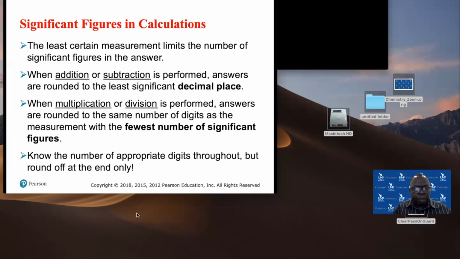Note the number is appropriate, so you have to round off. If you have to round off, you'll have to do that.